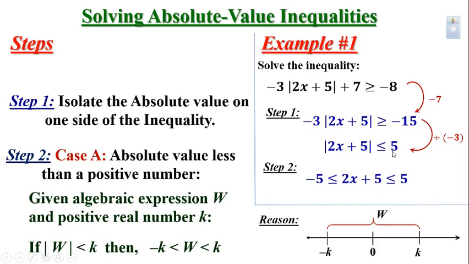Those numbers that are 5 units away from 0 are -5 and +5. So this expression must be somewhere in between those two numbers. And that is the reason that when the absolute value is less than a real number, then it's a compound inequality where we're saying it's both greater than the negative and less than the positive.